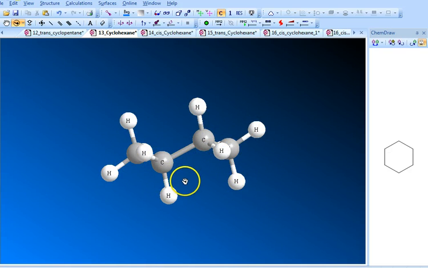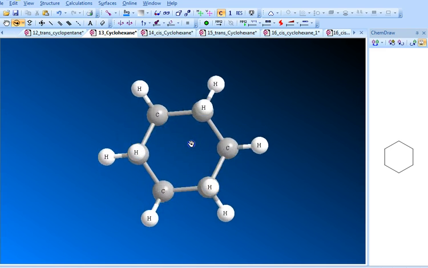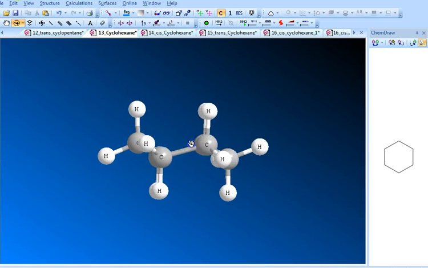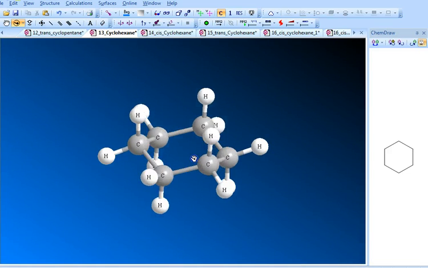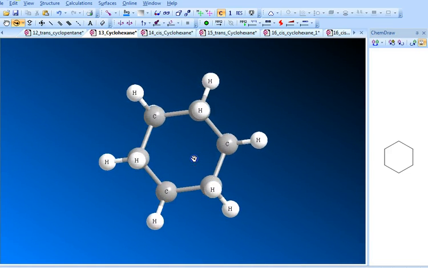I haven't drawn it here, but there is also a half chair conformation, where this back is completely straight, and then you also have the boat conformation, the twist boat conformation, and the chair conformation. There are these 4 conformations of cyclohexane that need to be studied.